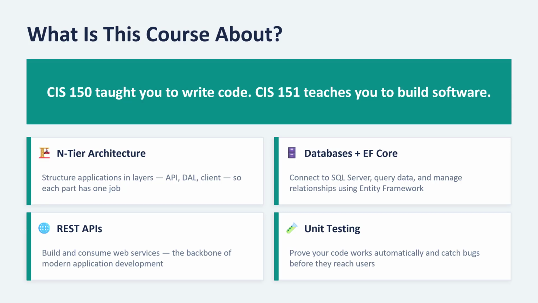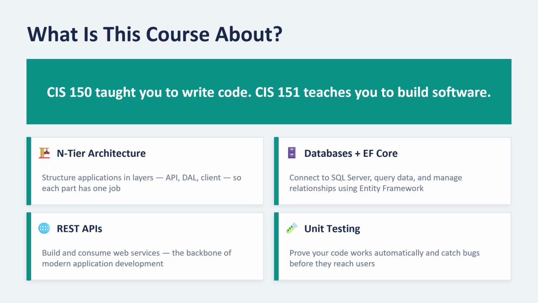The focus was on learning the language. In 151, the focus is on how professional software is structured, how the pieces fit together, how data flows between layers, and how you make sure your code actually works. You're going to learn how you collaborate with a team using version control.